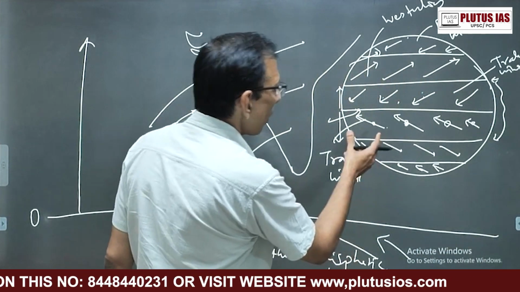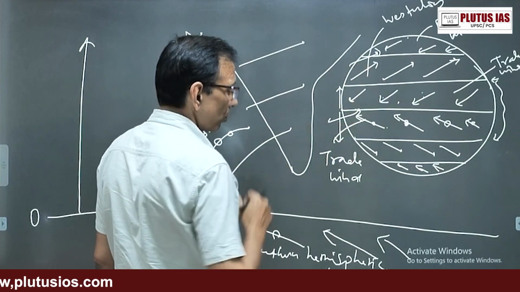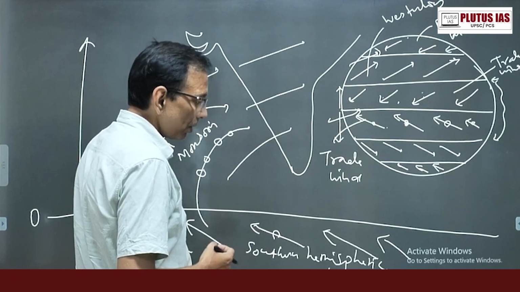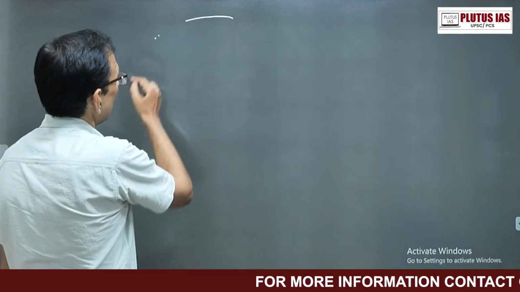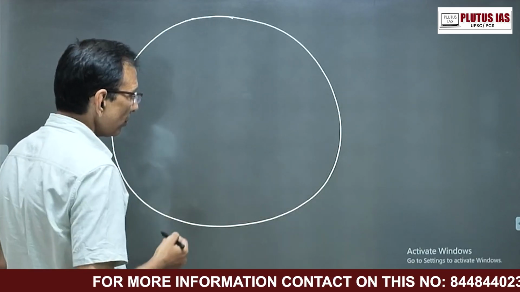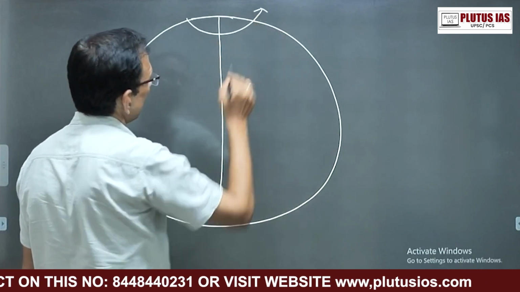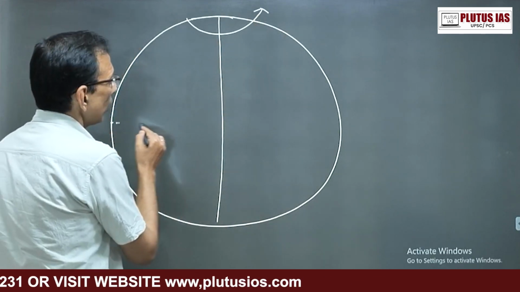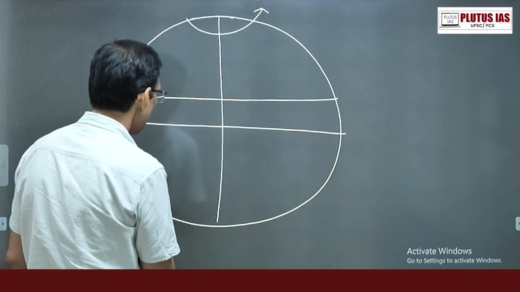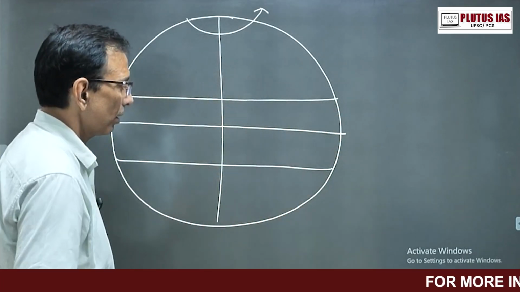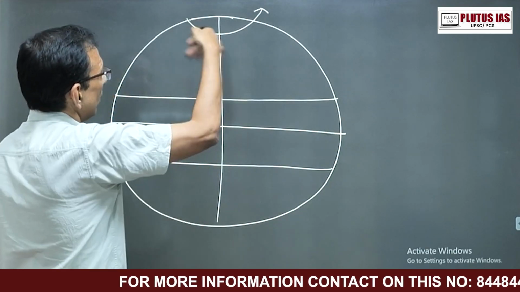So why and how they are converted into monsoon, and why it is so called, will be part of the discussion. So here, see, this is the globe and this is the axis. The earth is rotating with respect to its axis like this.